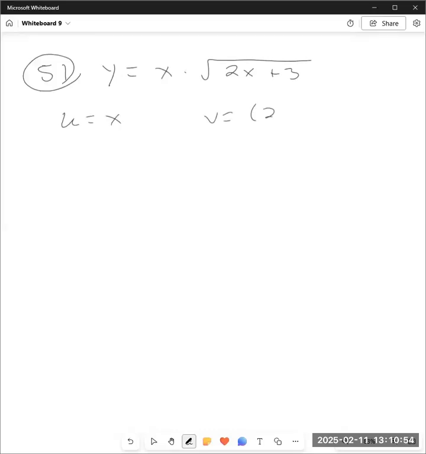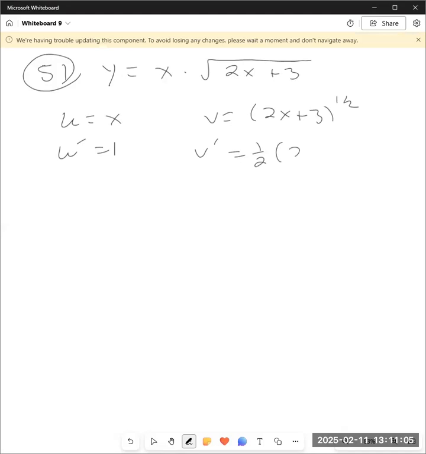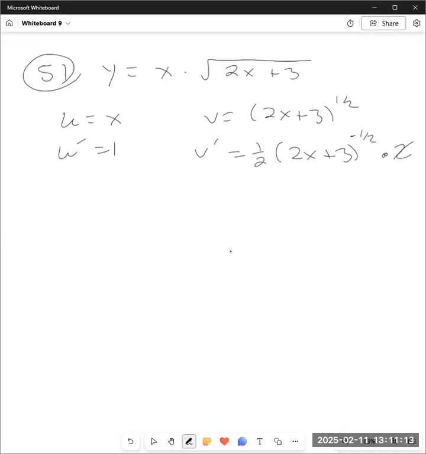V, I'm going to call (2x plus 3) to the 1/2 power. U prime is going to be 1. V prime is going to be 1/2 times (2x plus 3) to the 1/2 minus 1, which is a negative 1/2, times the derivative of the inside, which is 2. 2 times a half is 1, leaving me with (2x plus 3) to the negative 1/2 power.